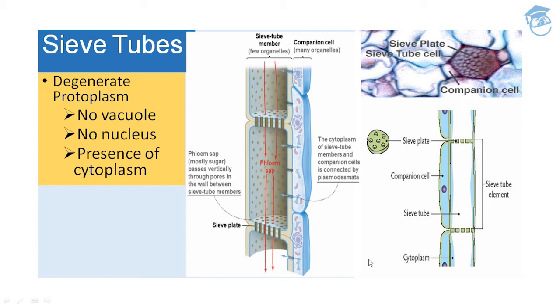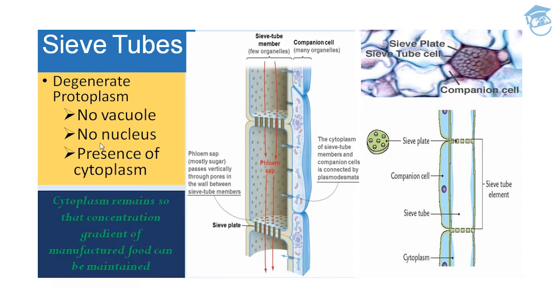And it has cytoplasm in it. As you can see, sieve tube has degenerate protoplasm, but cytoplasm is there, no vacuole and no nucleus. Cytoplasm remains so that the concentration gradient of manufactured food can be maintained. That's the reason why cytoplasm is retained.